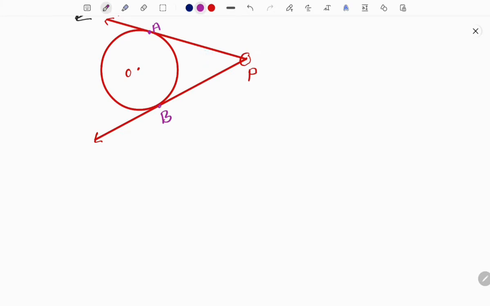How can we prove that? First, write the given information. Given: this is the circle.